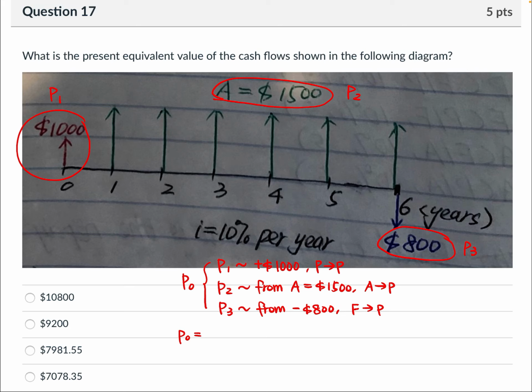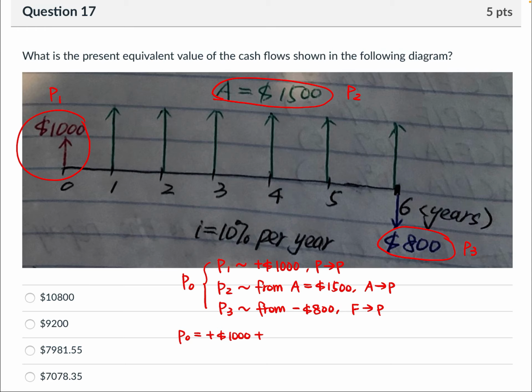So first, P1 is already a present worth, so you don't have to convert. Just write it down, it's positive 1,000, and plus the annuity is also a positive cash flow in this diagram.